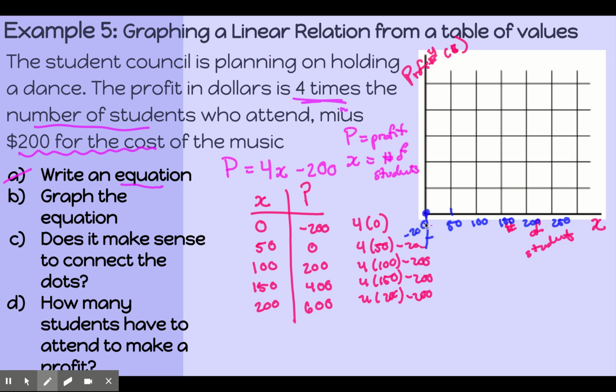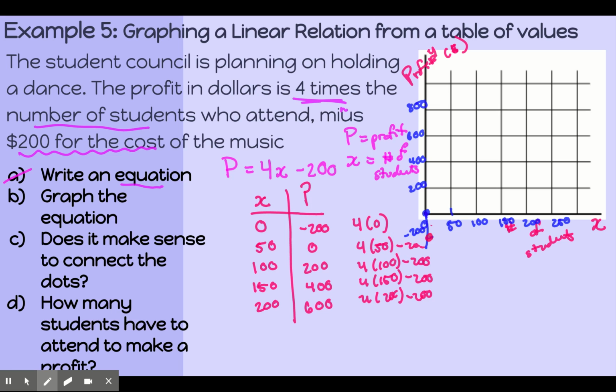Negative 200. I can go up by 200s, 400, 600, 800. All right, that is an important part of the graphing part. Unfortunately, it just is what it is. It's tedious, but so now 0, negative 200.